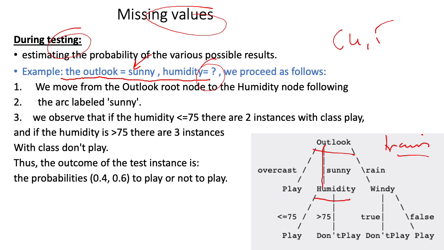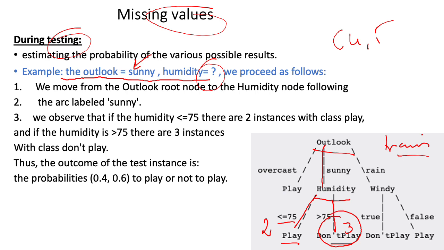So you check your training data, and for instance, you have the binary split here. If humidity is smaller or equal to 75, let's say from your training data, you know that there are 2 instances here that belong to class play, yes, and then probably there are 3 instances that belong to class don't play. So then you assign your testing instance to the majority class, in this case don't play.